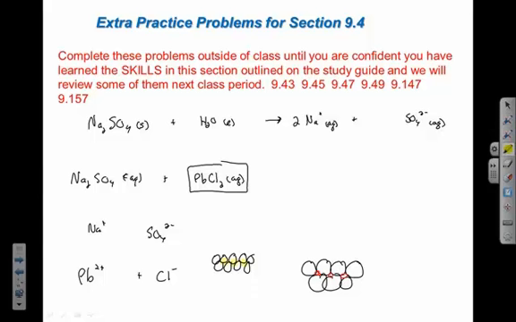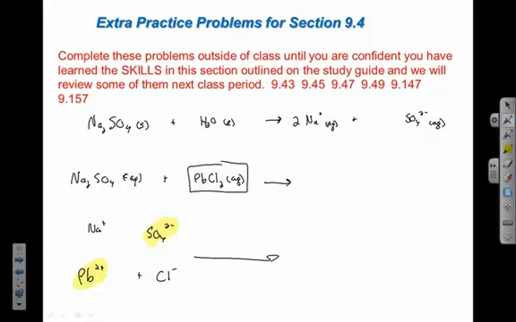But if I introduce those two solutions together, if two of the ions maybe have a really strong quantity of charge or they can pack together in a very effective way, then if I mix all of that together, I might form a precipitate because maybe the lead and the sulfate with their extra quantities of charge will form a solid. And the sodium and the chloride will remain aqueous.